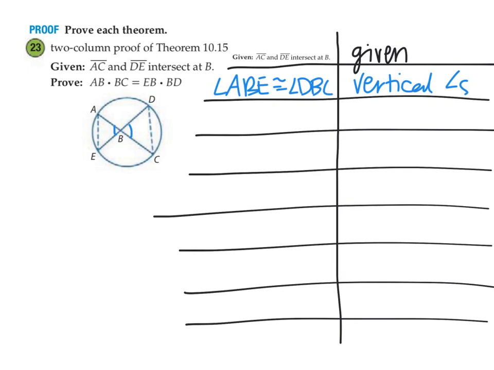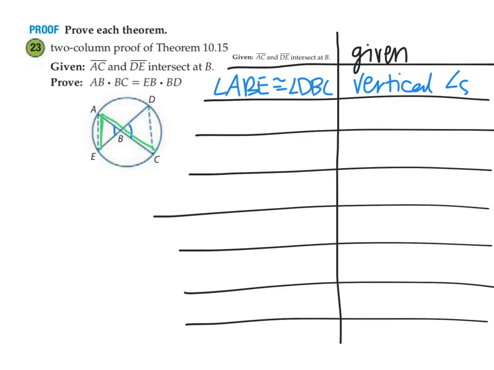Some of those theorems say this angle is half of this angle, or this angle is equal to this arc. Think about the theorems that we've learned about circles specifically. What theorem could we apply in this situation to prove that a certain angle in the left triangle is congruent to a certain angle in the right triangle? Take a look at this right here.